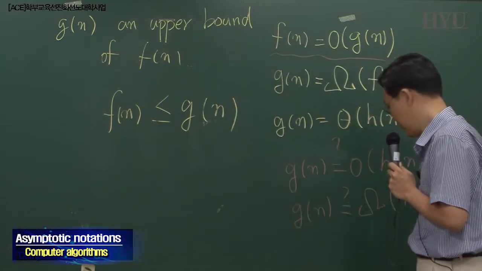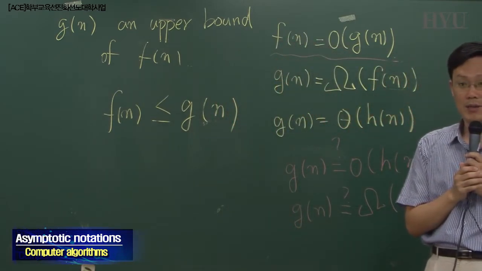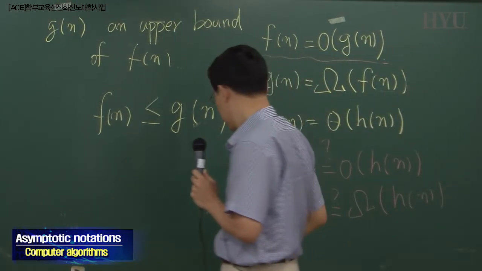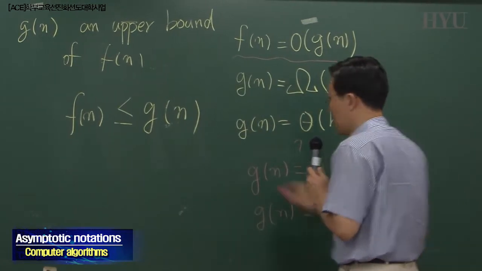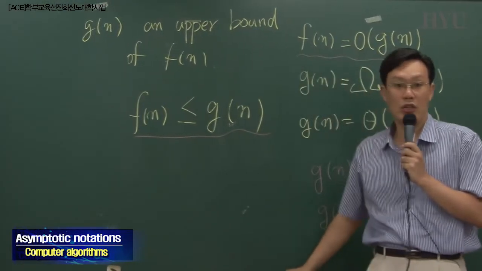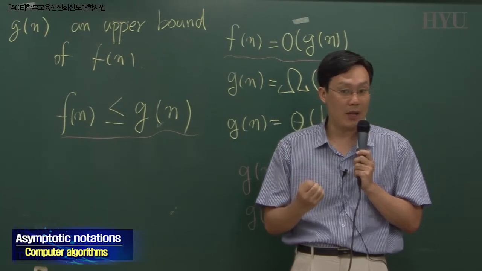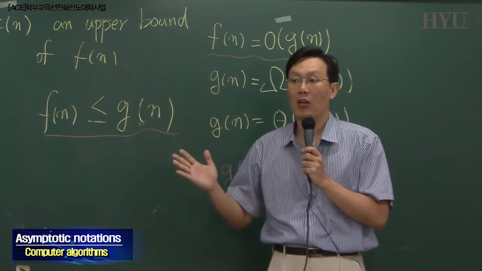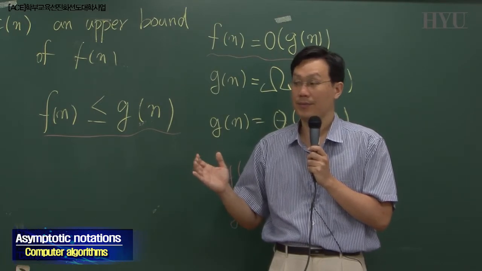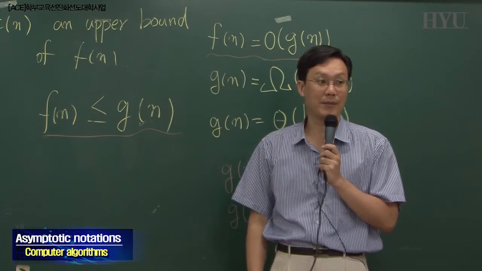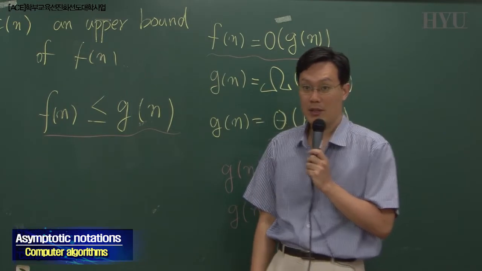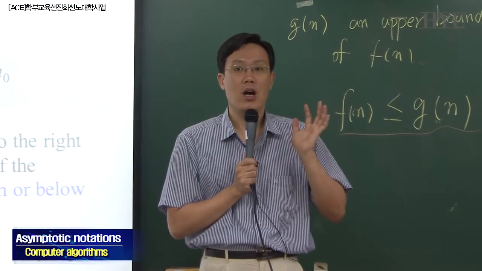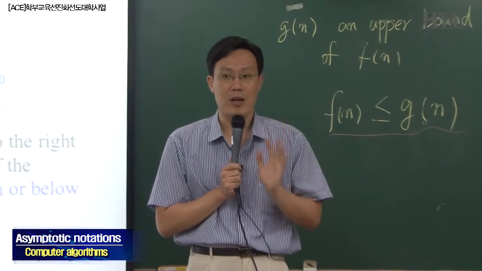Okay? Simple. g of n is greater than or equal to f of n for all n values. This is the upper bound. Okay? In this case, it is an asymptotic upper bound.